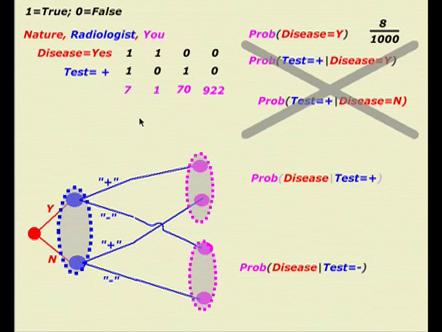Well, if you look at the table, who has all the positive test results? Well, there's 7 people out of the 8 who actually have the cancer, but there's 70 who don't have cancer who get these false positive results. Okay? So you've got 77 people who are getting positive results, but only 7 of those really have cancer.